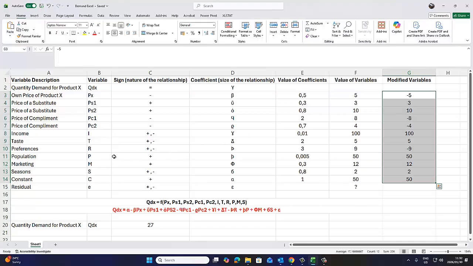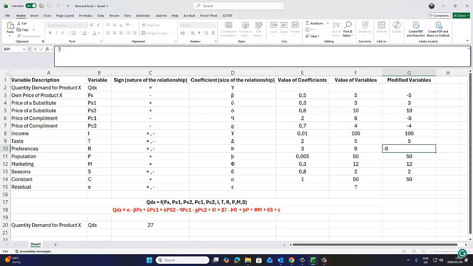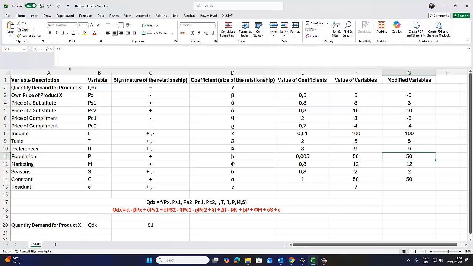So if this is something that I enjoy, I don't hate it, so I'm just going to change that to a positive, then my demand will be 81. So if I dislike the product, then the quantity demand will be 27. If I like the product, then the demand will be 81. So it shows you the big difference that preferences, for example, make. You can see if the income changes, etc.